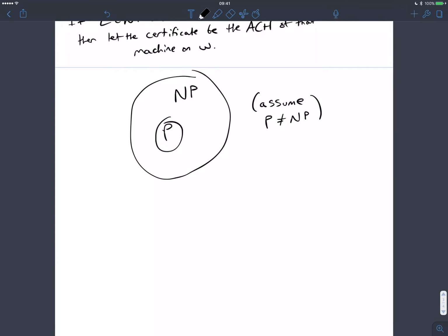Now, all sane people wouldn't think an n to the 100 algorithm is efficient in the practical sense. But in the theoretical sense, we're going to think of P as being efficient algorithms, and anything that's more than polynomial time to be a not efficient algorithm.